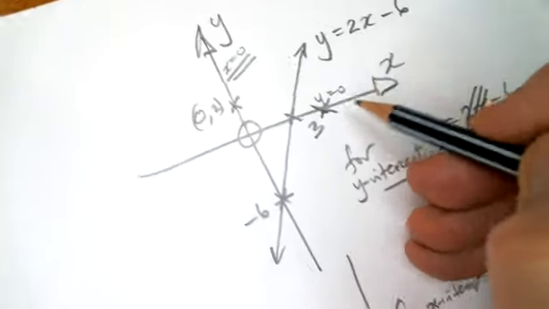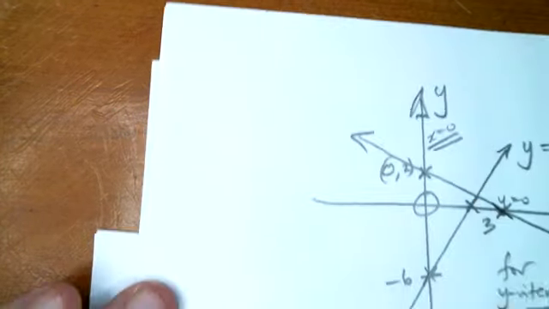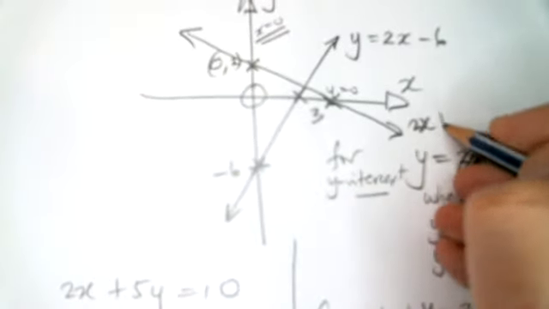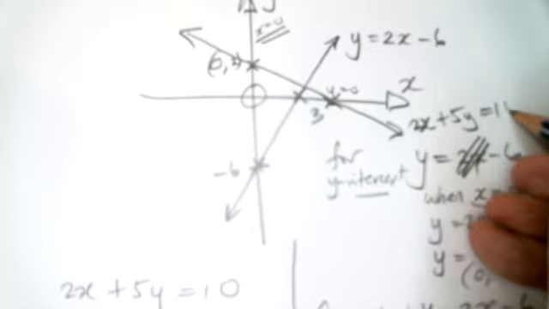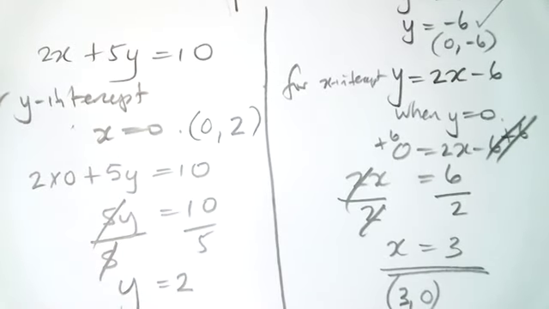There it is, and our graph looks like that. And I'm going to draw on here the actual equation, 2x plus 5y is equal to 10. And that's how I would go about solving those two. So hopefully that makes sense.